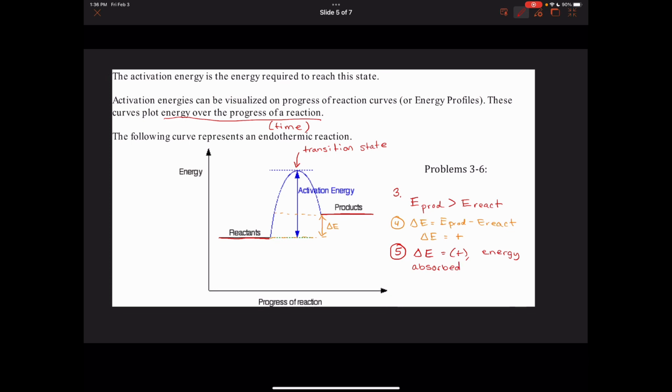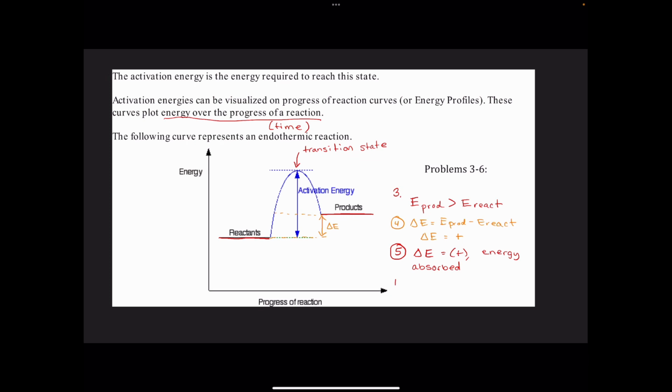Now, we said this was representing an endothermic reaction. You should have seen some of this terminology in first semester chemistry, but to recall, when we have a positive delta E, that means we have an endothermic reaction. It means that energy is gained, it is absorbed.